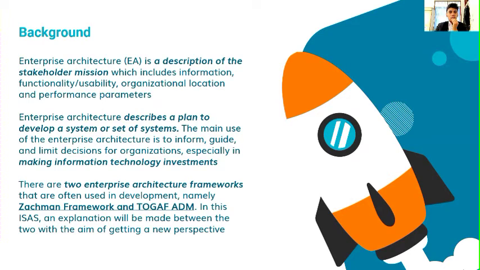The main use of enterprise architecture is to inform, guide, and limit decisions for the organization, especially in making information technology investments. There are two enterprise architecture frameworks that are often used in development, namely Zachman framework and TOGAF ADM. In this paper, an explanation will be made between the two with the aim of getting a new perspective.